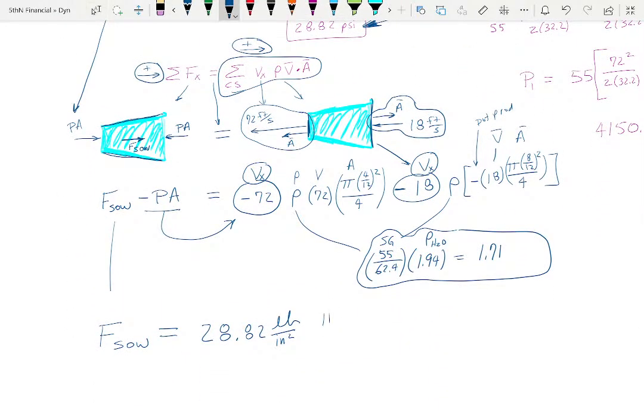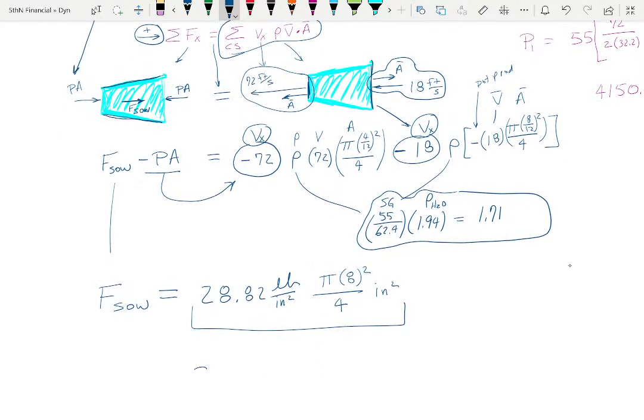Okay, pi times 8 inches squared divided by 4. So this will be inches squared, so out of this, I should get pounds. Okay, 28.82 times pi 8 squared over 4 plus.